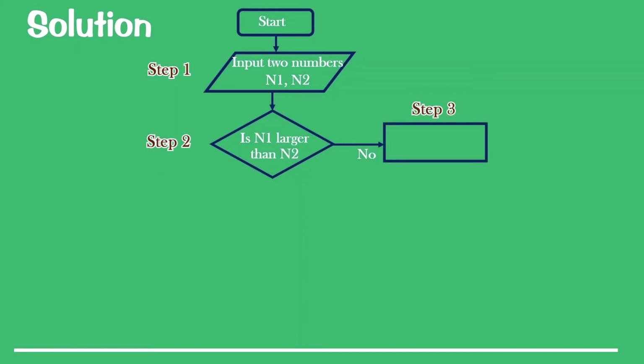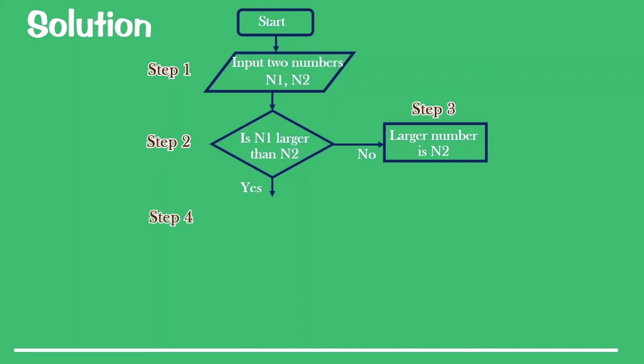Step number 3 is the process box. If the answer in step number 2, is n1 greater than n2, is no, then in the process box we write largest equals n2. The second flow of direction with a yes option points to step number 4.